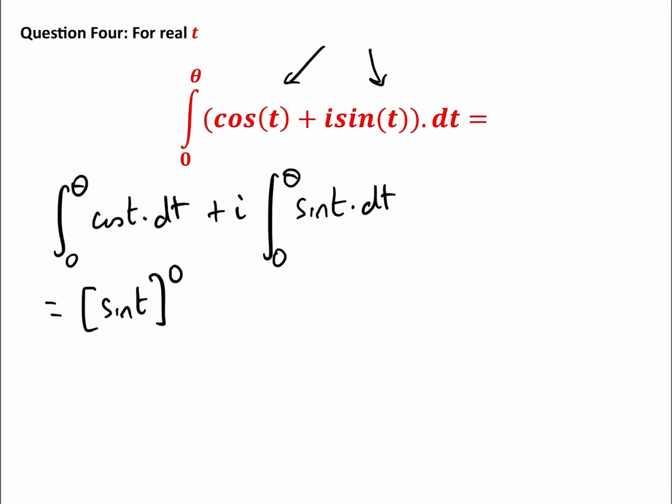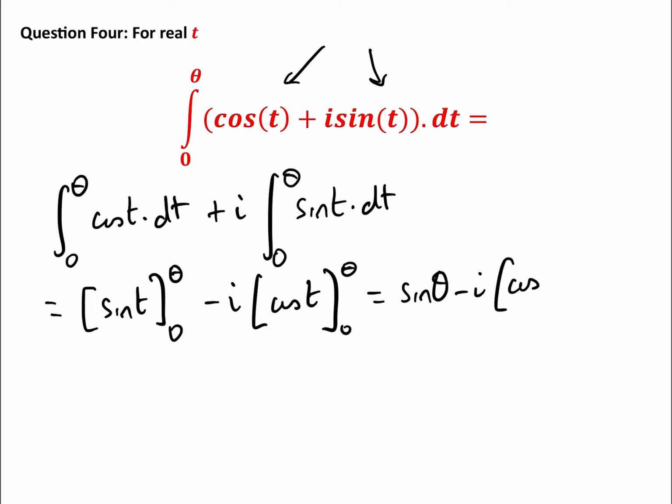sine t between theta and 0 minus i cos t between theta and 0, and that equals sine theta minus i times cos theta minus cos of 0, which is 1. So that equals sine theta minus i cos theta add i. And we can just make this slightly nicer.